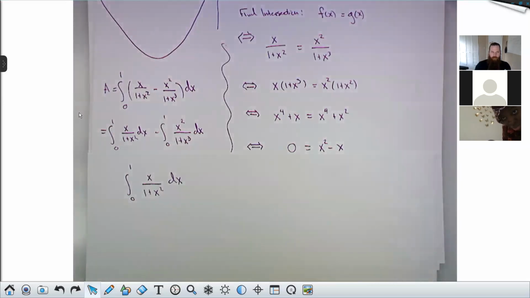So it's a good thought, but it's not actually gonna work quite like that. Any other ideas how we could handle this integral? We're just going to focus on this guy for now.